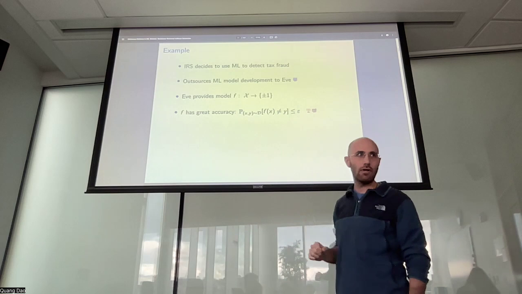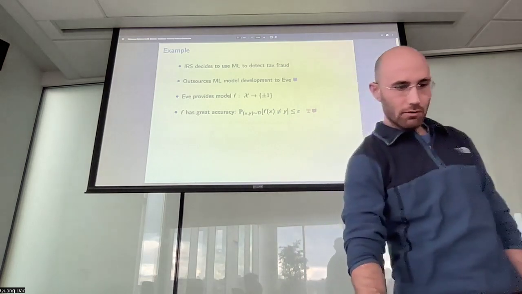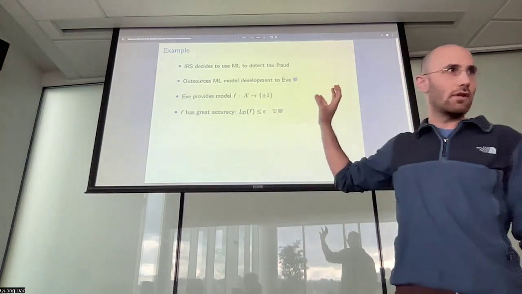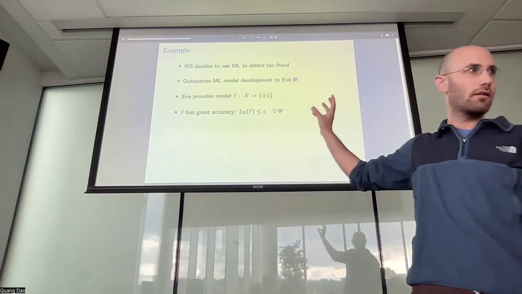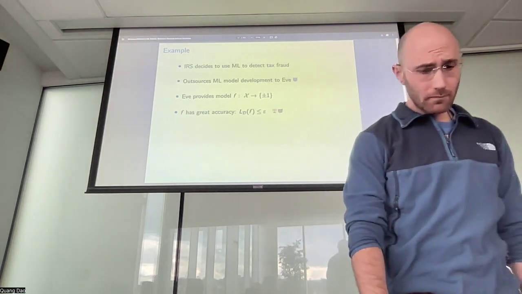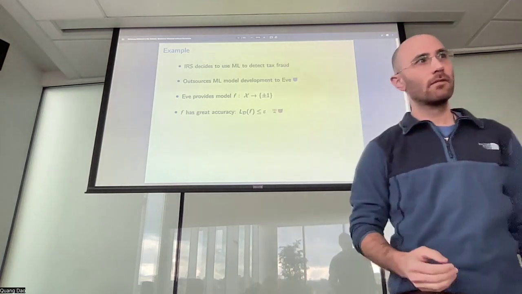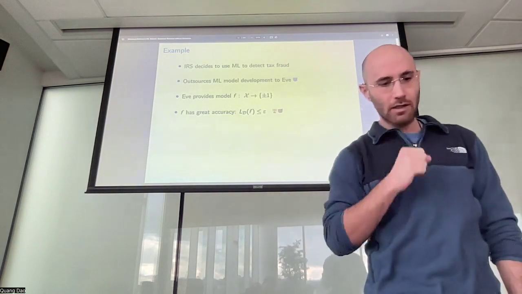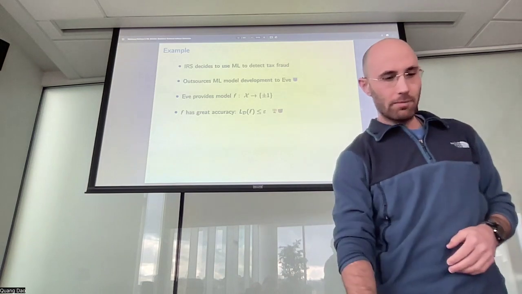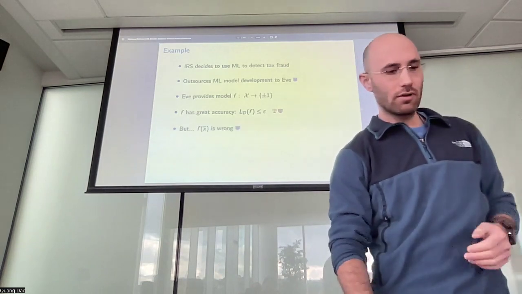It's less than some small number epsilon. And I'm going to be using this notation, L_D(f), to denote this 0-1 loss, the probability of misclassifying an input. So okay, the model has really good on-average accuracy, but of course there's a catch.